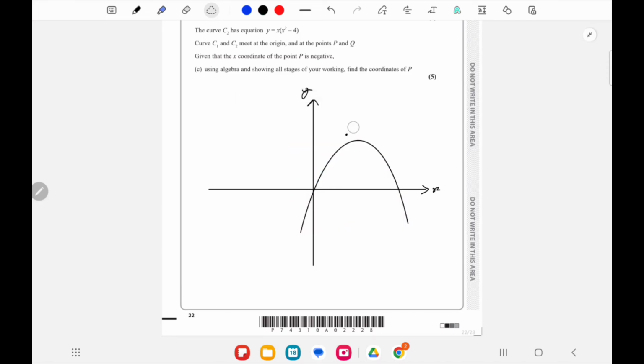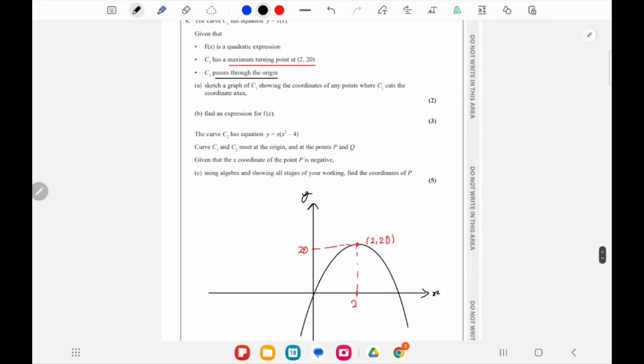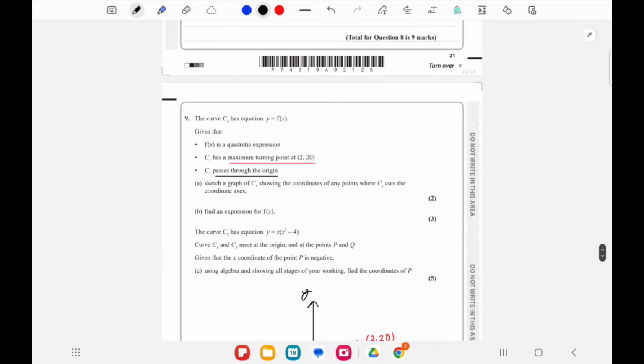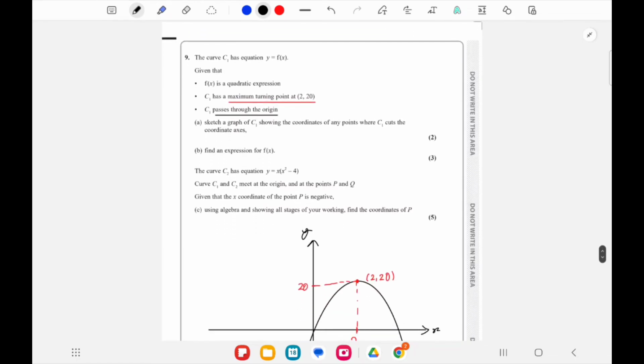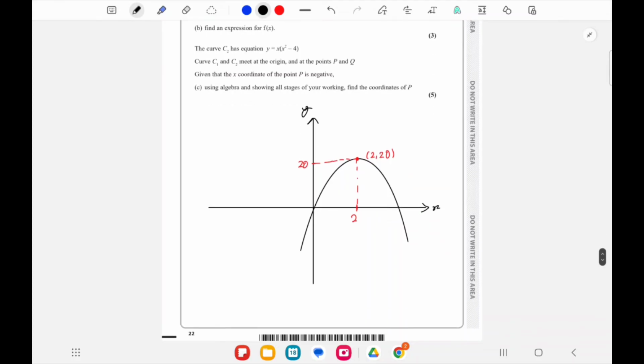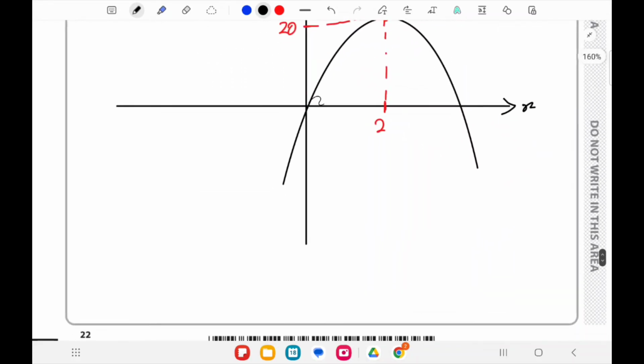Graph like this, and this will be (2, 20). We already know this point is (0, 0).